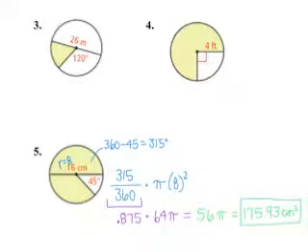I set 315 over 360 to find the percent of the area that is shaded, and that gave me 87.5% of the total area. The total area is pi r squared, and I had to get the radius as 8 because the diameter is 16. So 8 squared is 64. I did 87.5% of 64, and I got 56 pi, and then I multiplied those together and got 175.93 centimeters squared.